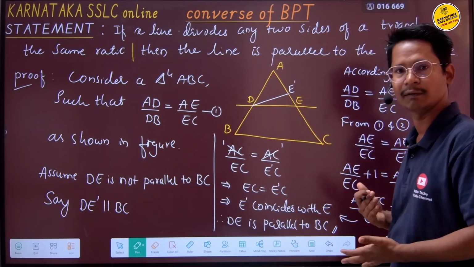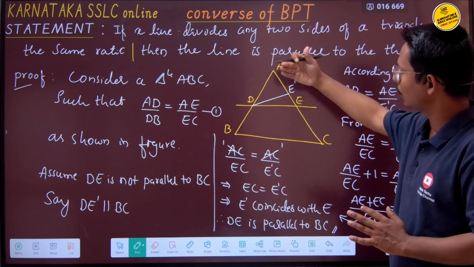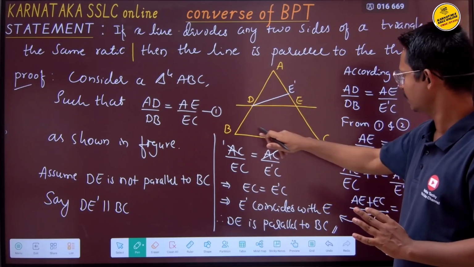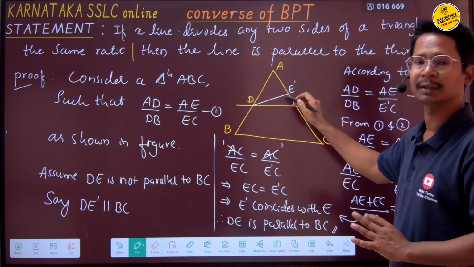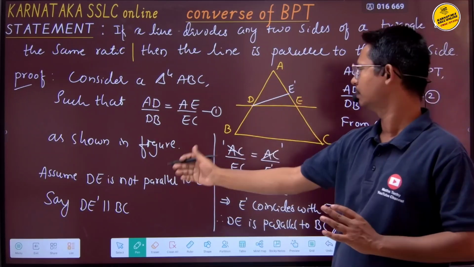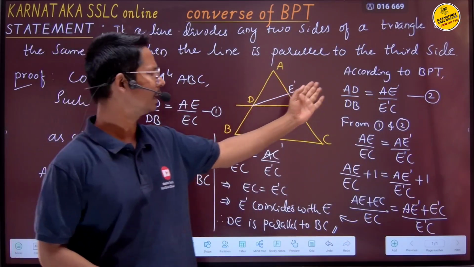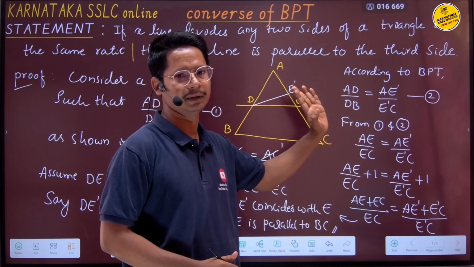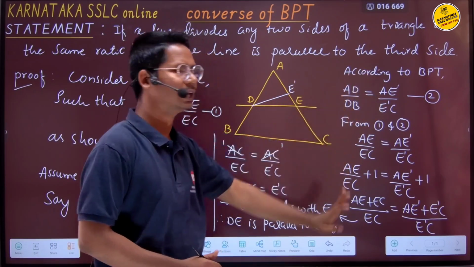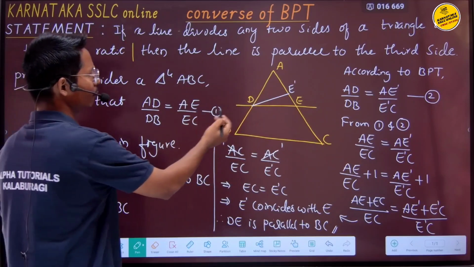For that, we have assumed one more line which is parallel to BC. When we assumed that to be parallel, we applied BPT. So as per BPT, I wrote the statement, and from the statement I wrote the equation. Now you can compare equations 1 and 2.